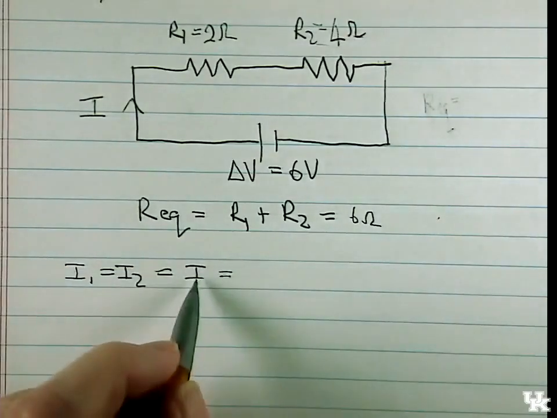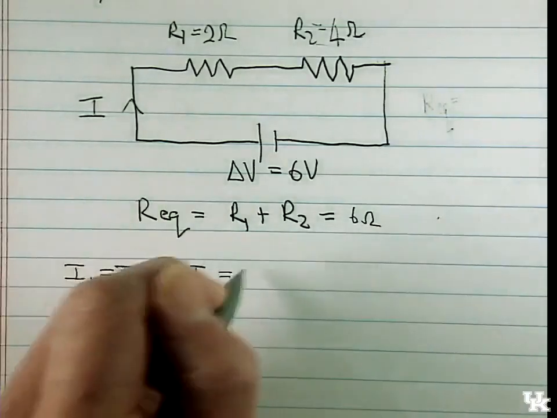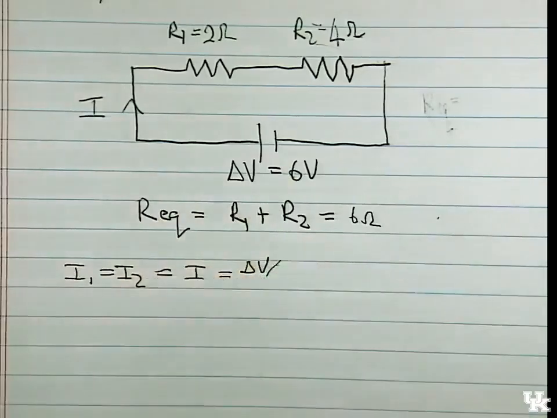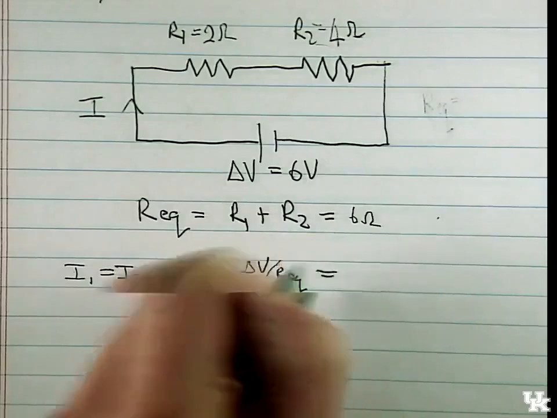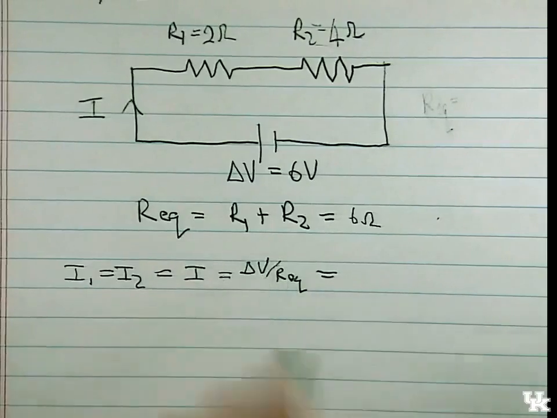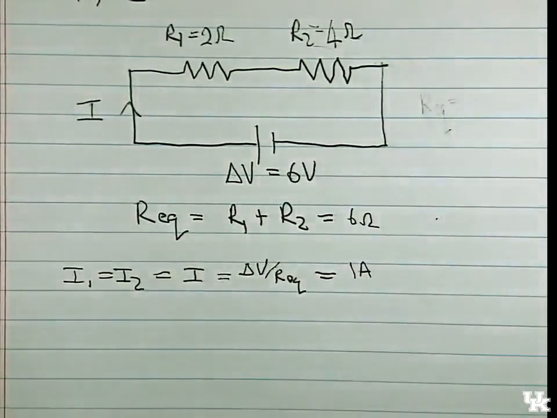And that current through the equivalent resistor by Ohm's law is simply the voltage across its terminals, which is the 6 volts of the battery, divided by the resistance of the equivalent resistor. And so I can figure the current through the individual resistors by figuring out the current through the equivalent resistance. Because they're all the same, I just got to divide 6 volts by 6 ohms. Oh, that's convenient. 1 amp. So 1 amp is the current through each of the two individual resistors. That was nice and easy.